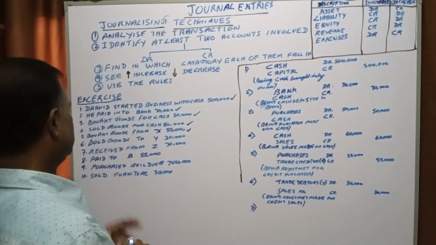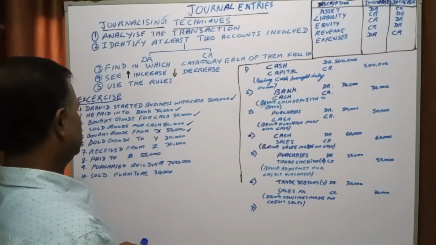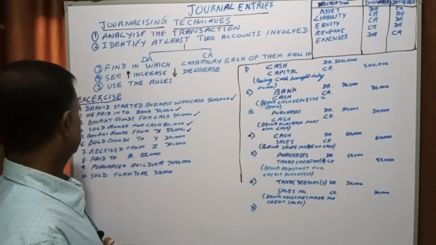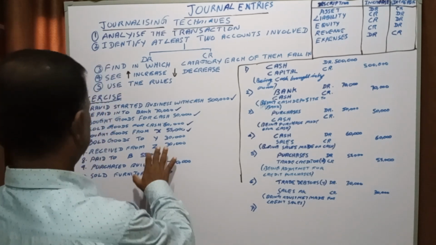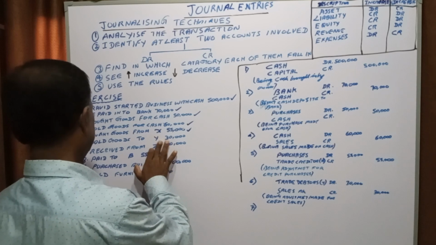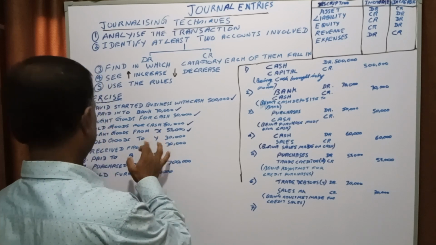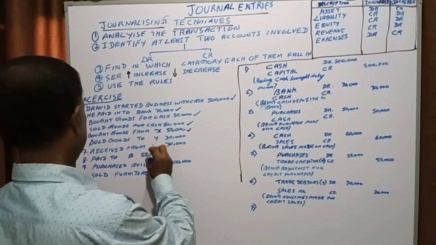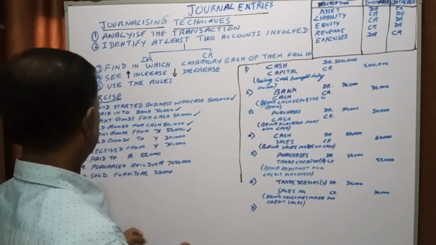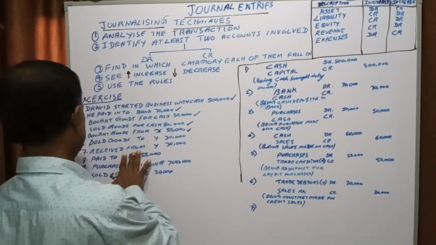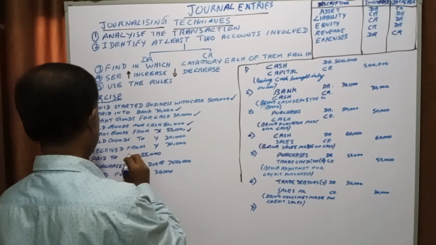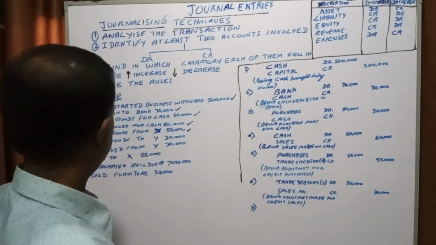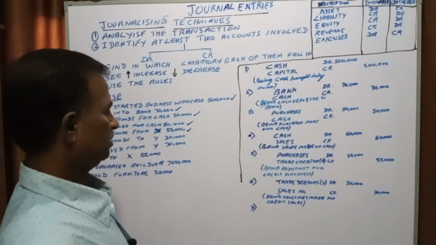Number 7 is received from Y, rupees 30,000.